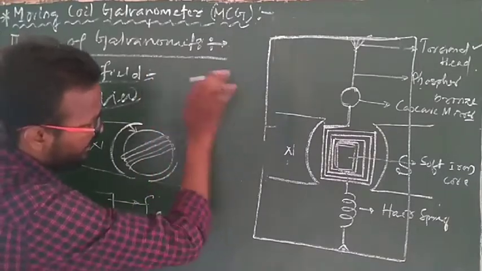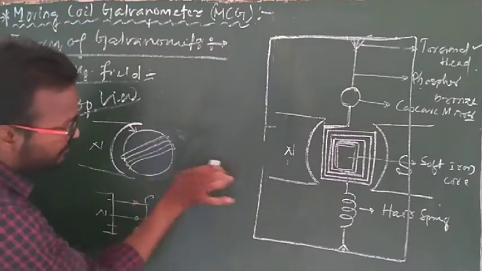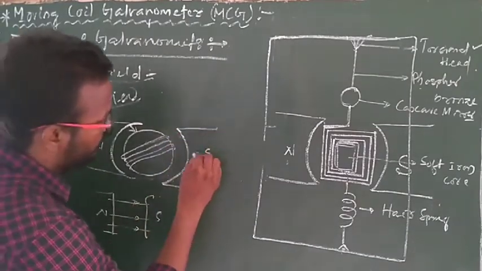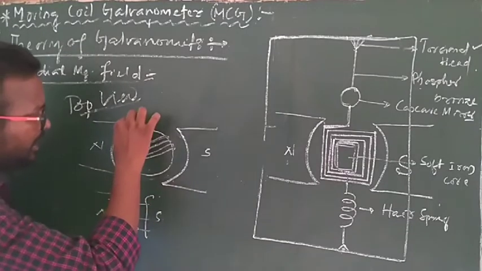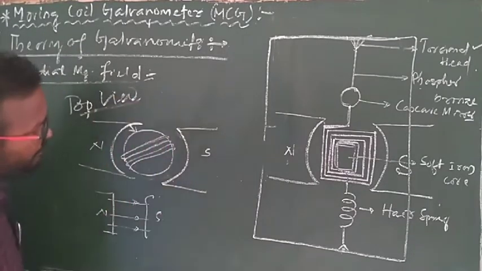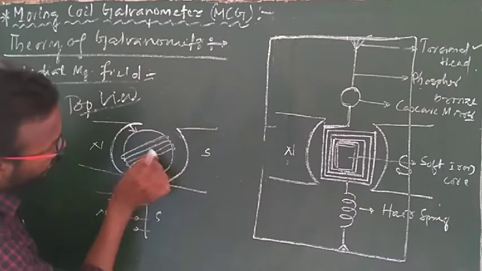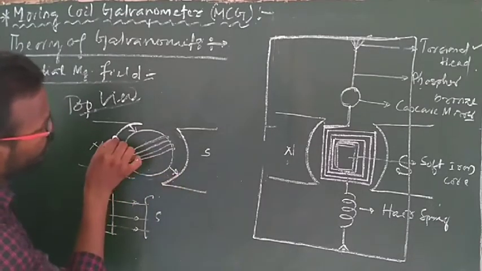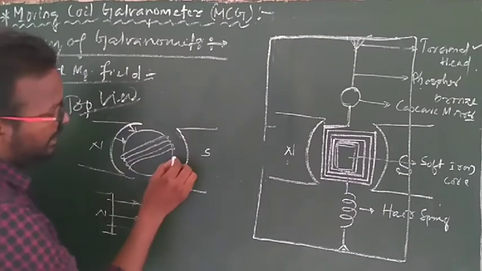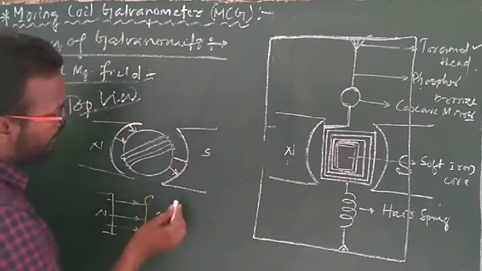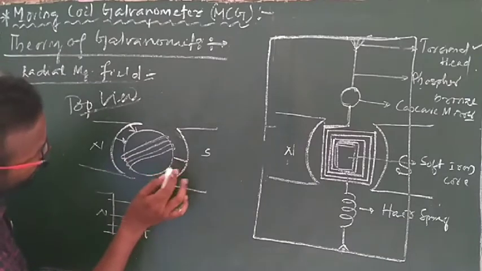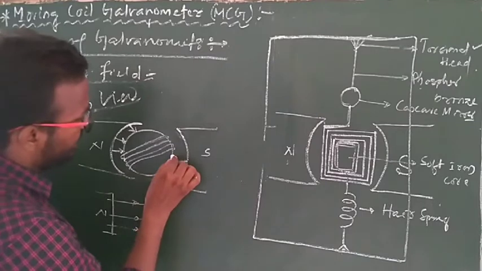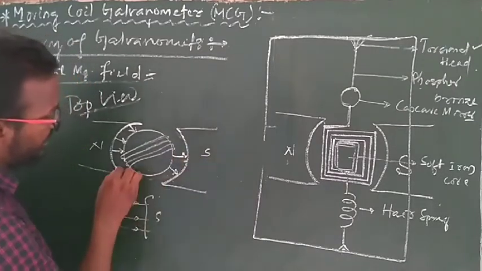If we draw it again clearly, this is the south pole, and here the magnetic lines start and terminate here. Here another magnetic line starts, and this is the graphical representation of magnetic field lines.